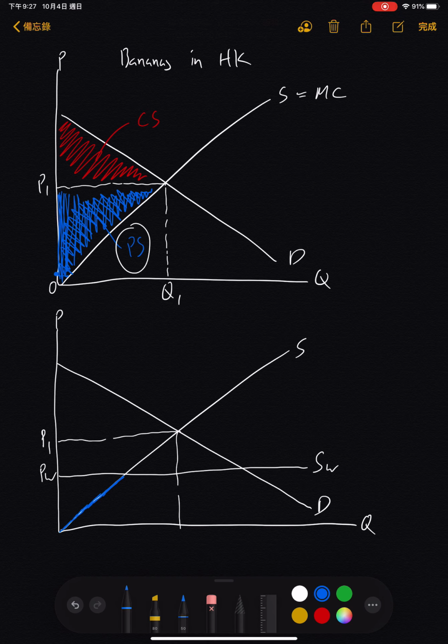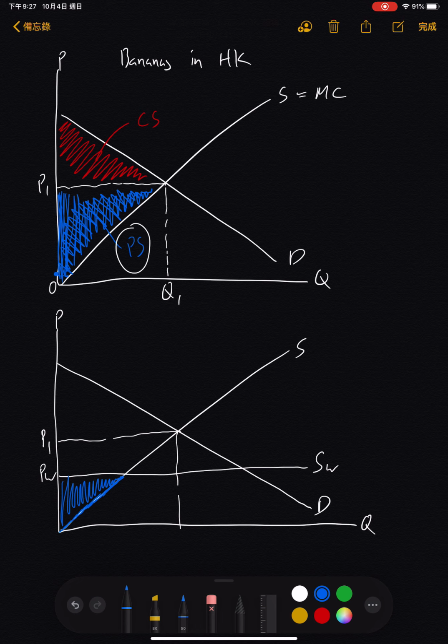So when the domestic producers are forced to sell at PW, only this many of them are able to keep up.